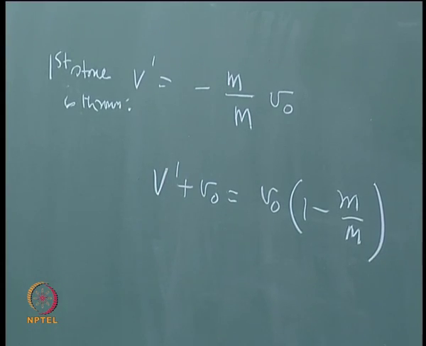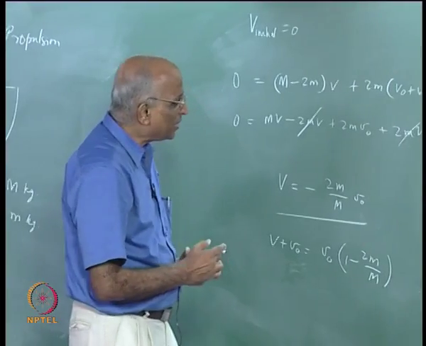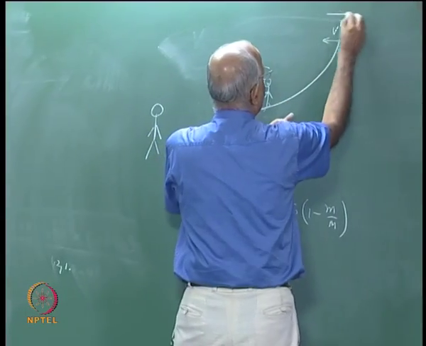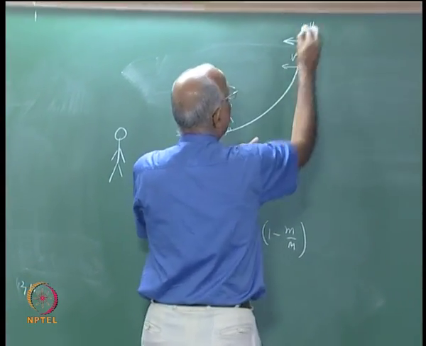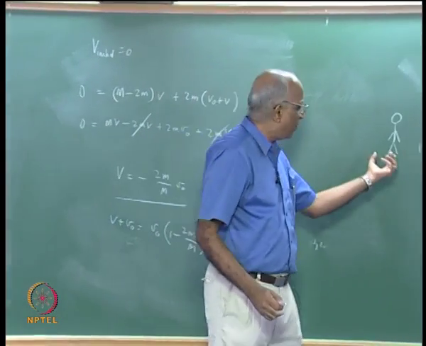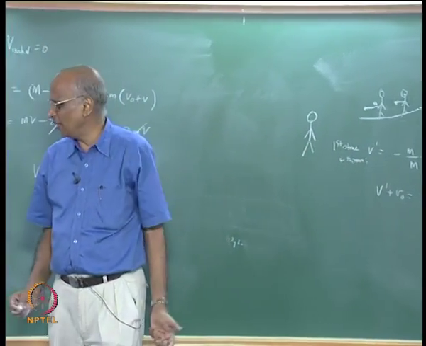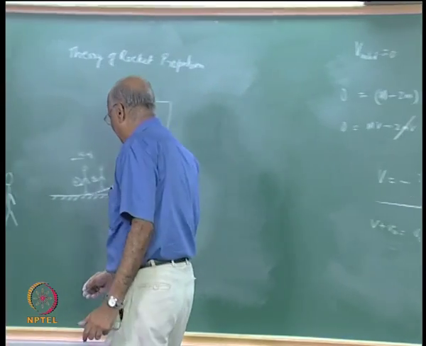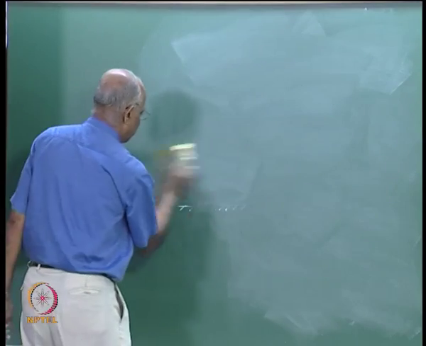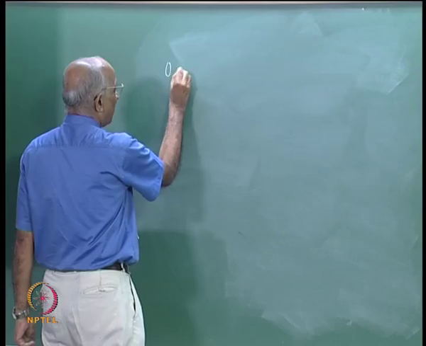At this point in time, the second boy throws the stone. When the first stone is thrown you have V prime, and after the second is thrown you get V2 prime. Let us balance the momentum. I am in the inertial frame of reference, I want to balance the momentum change. Initially they are at rest.